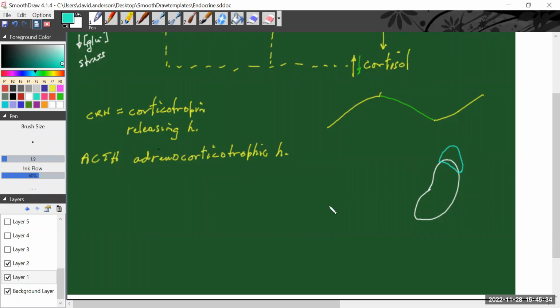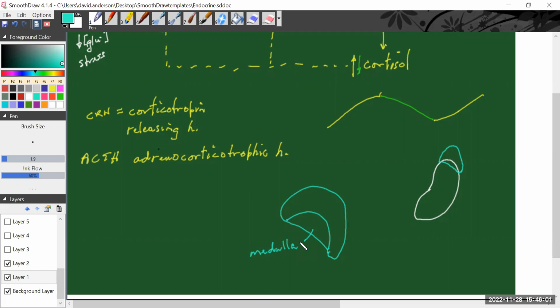So when we look at the adrenal gland, if we just make the adrenal gland a little bigger over here, we would see that there's this inner zone, and that's called the medulla. So this is the adrenal medulla, and that's why it's important when we're talking about the brain, and we're talking about that part of the brainstem that's called the medulla oblongata.